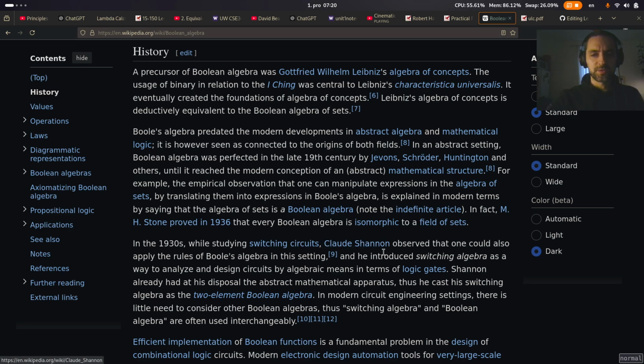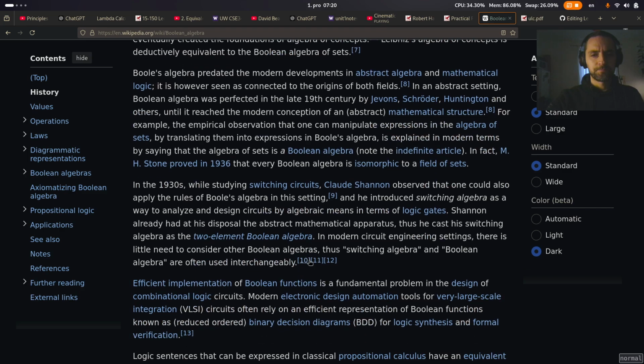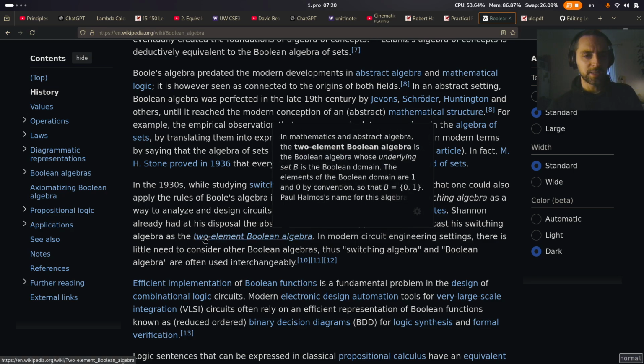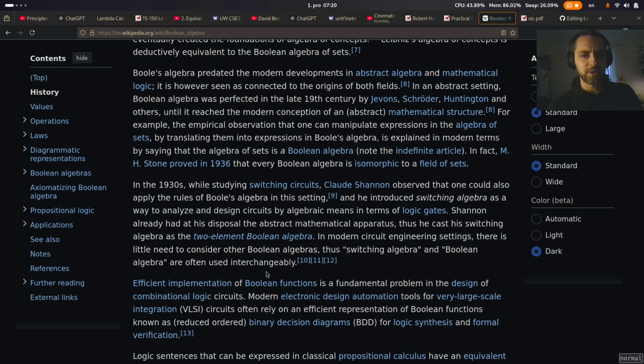Claude Shannon observed that one could also apply the rules of Boolean algebra in this setting. And he introduced switching algebra as a way to analyze and design circuits by algebraic means in terms of logic gates. Shannon already had at his disposal the abstract mathematical apparatus, thus he cast his switching algebra as the two-element Boolean algebra, whose underlying set B is the Boolean domain 0 and 1. Interesting, two-element Boolean algebra.